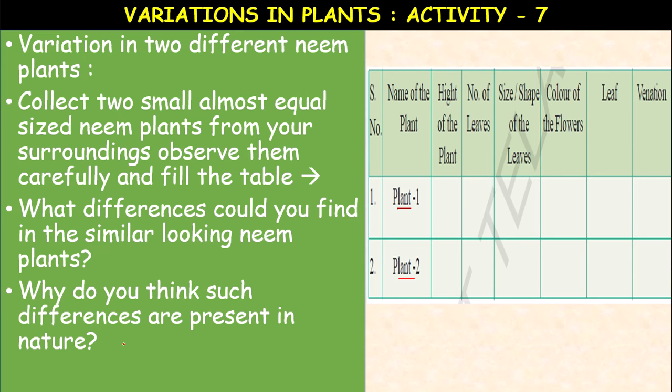Okay, it depends on plant 1, where it is growing, the habitat, the soil, the contents of the soil or the minerals or the fertility of the soil, and likewise plant 2. There are several factors which influence the growth, the size and shape of the plants. If you consider human beings, nutrition also plays a very important role.